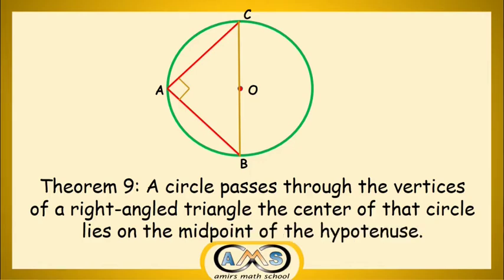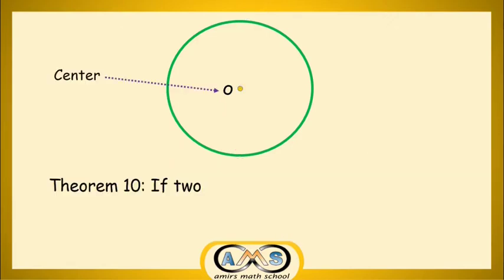That is, if this circle passes through the vertices A, B, C of this right angle triangle ABC, in that case, the center of the circle lies on the midpoint of hypotenuse BC. That is, O is the midpoint of BC. That is, the lengths OC and OB are equal. O is the midpoint of this hypotenuse BC. OC equals OB. Here, O is the center of the circle.